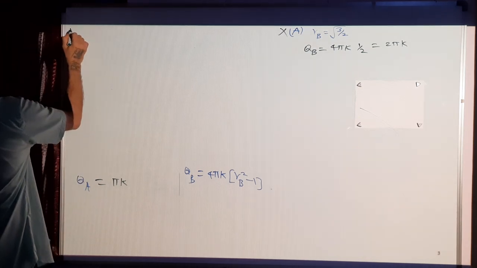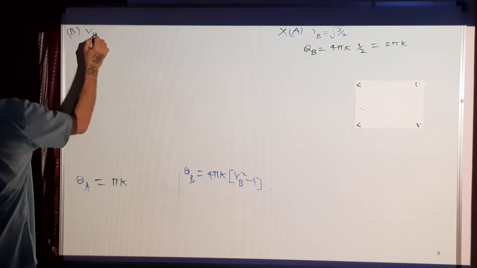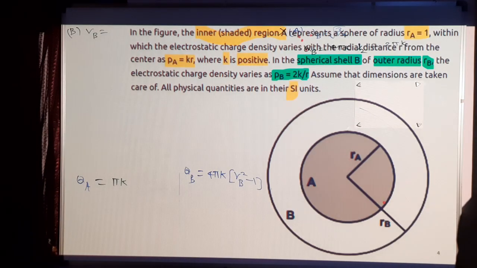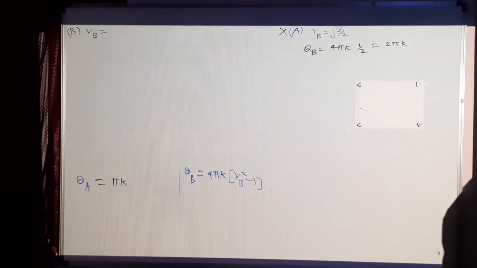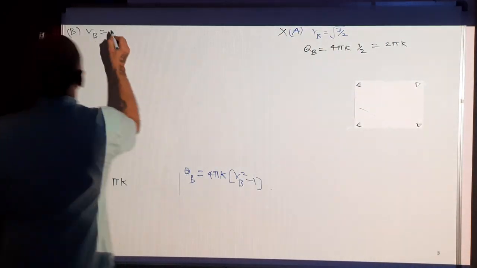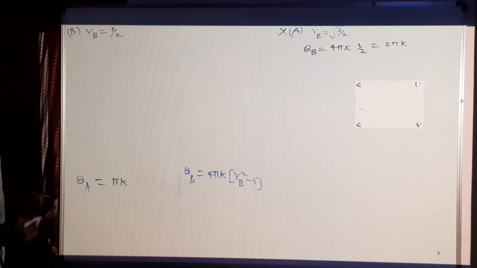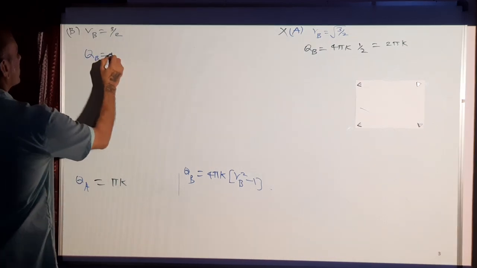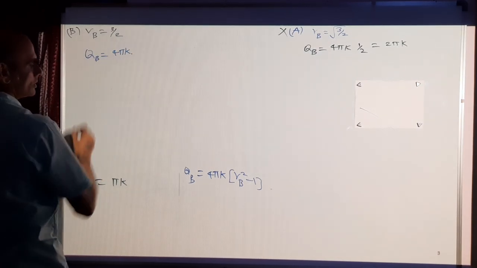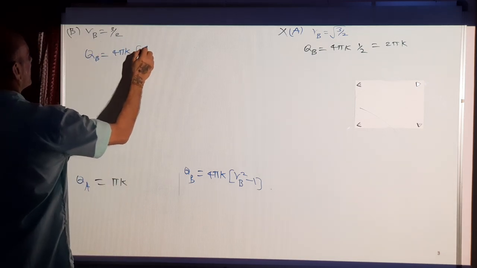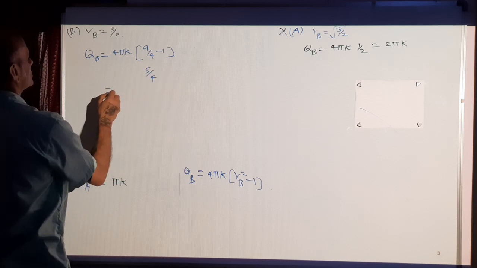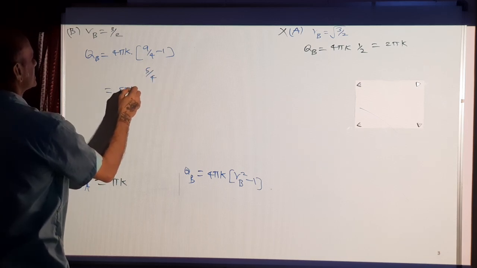In that case, QB is 4 pi k into RB square, that's 9 by 4, minus 1. So this is 5 by 4. So 4 and 4 will cancel. So 5 pi k is the charge in the shell.